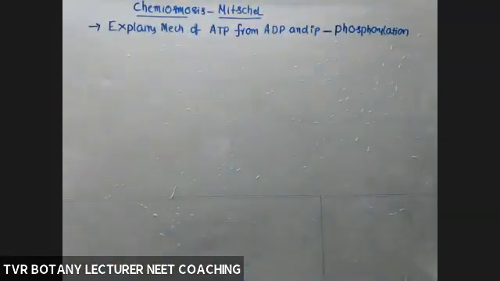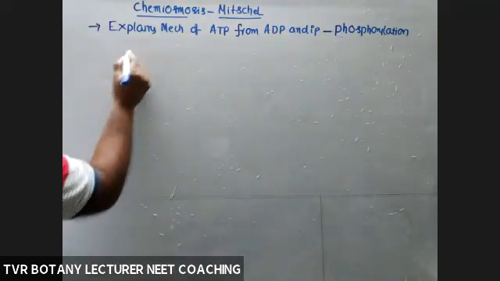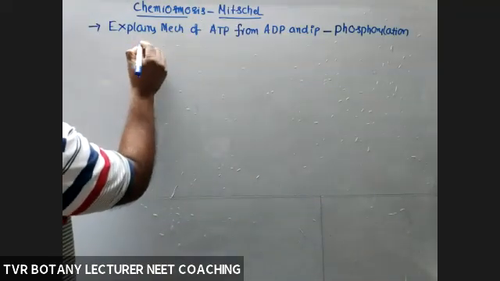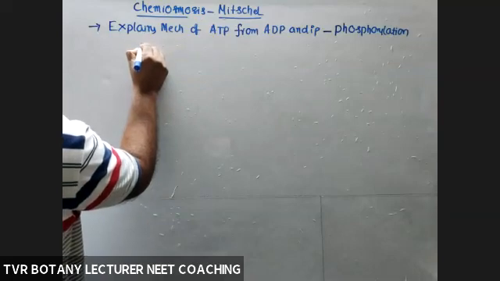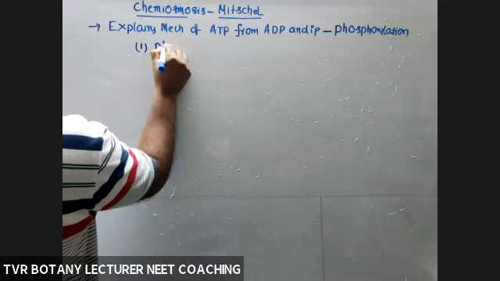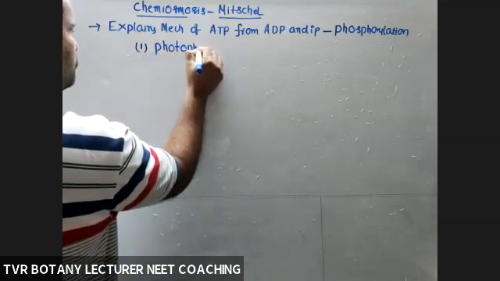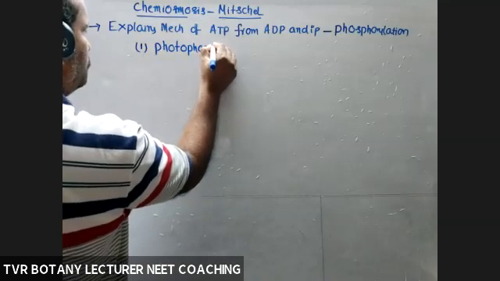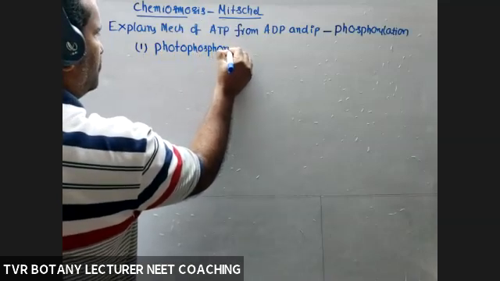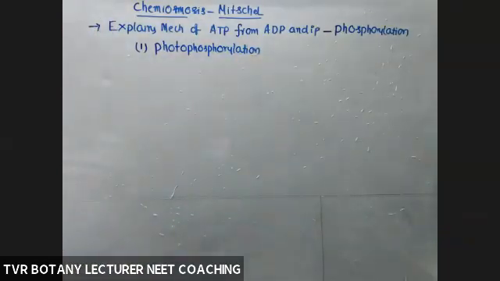So this mechanism, Peter Mitchell's chemiosmotic mechanism, explains phosphorylation. What type of phosphorylation? First one, photophosphorylation.